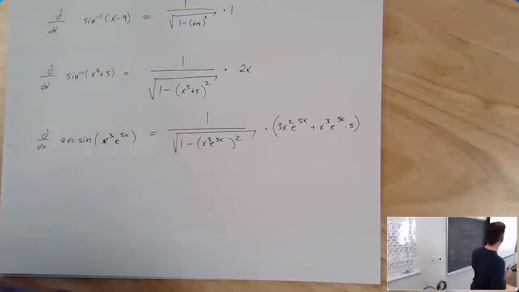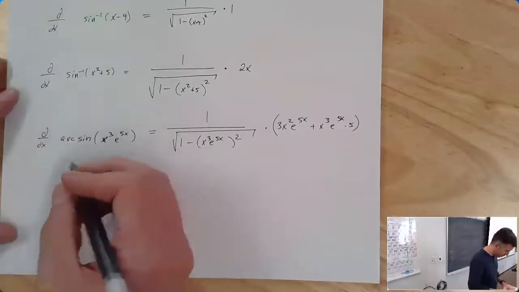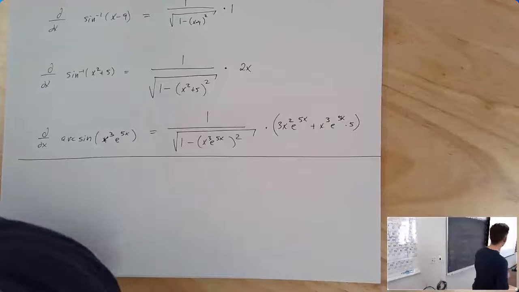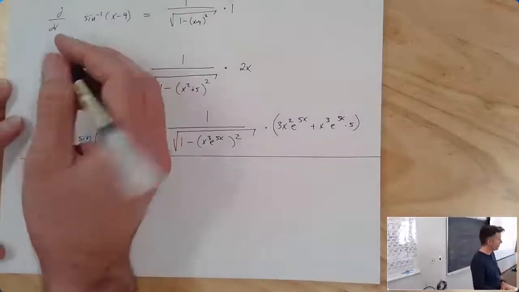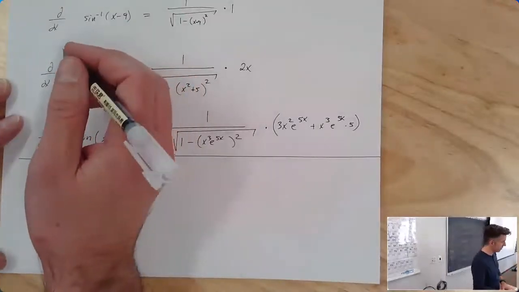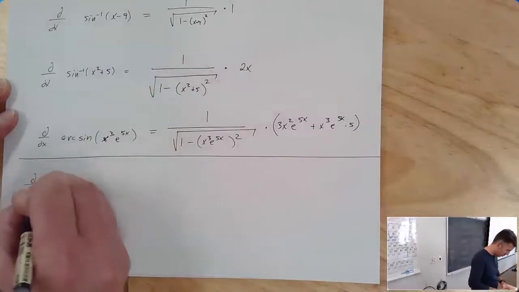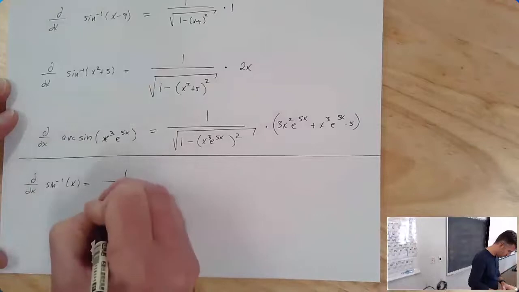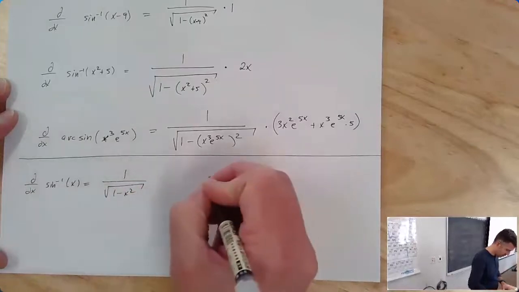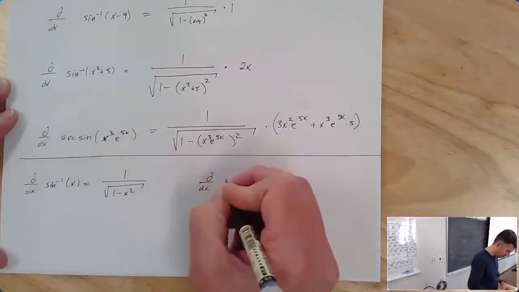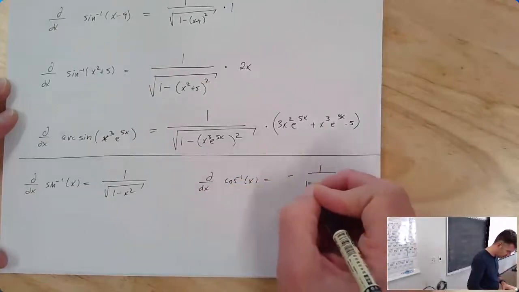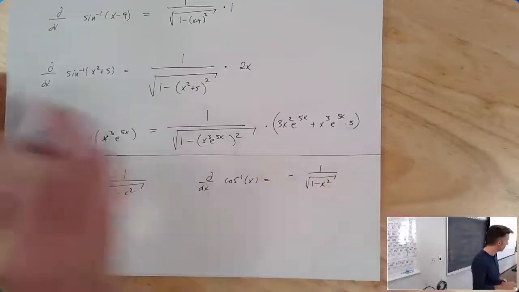So you can find the derivative of all the inverse trig functions in the same sort of way. For example, I will tell you because I don't want to do it again: just like we found the derivative of inverse sine to be 1 over the square root of 1 minus x squared, it is true that the derivative of the inverse cosine is the negative of 1 over the square root of 1 minus x squared.